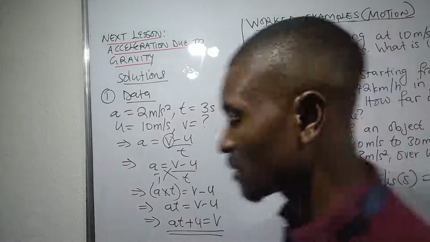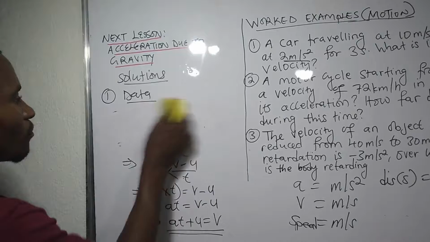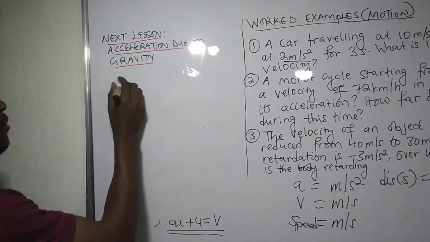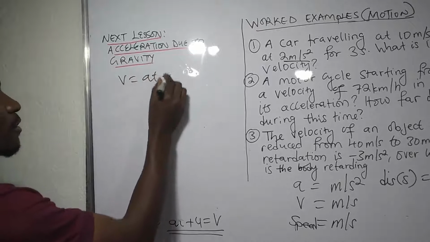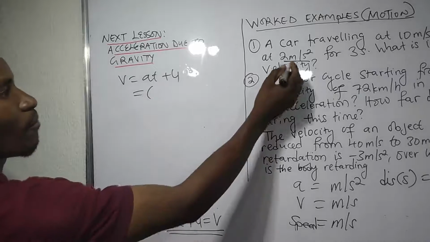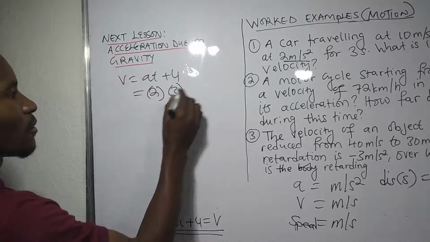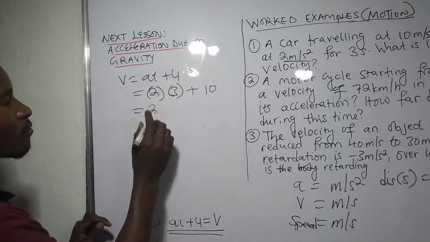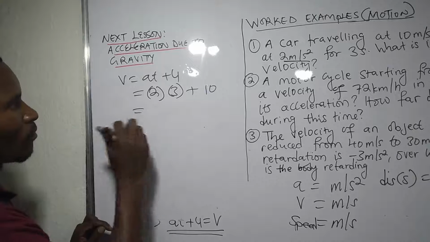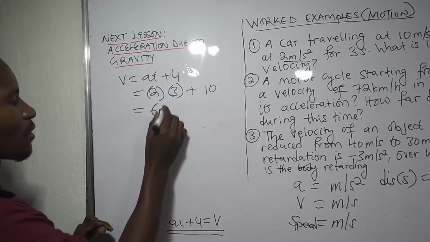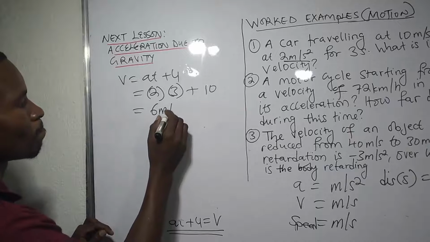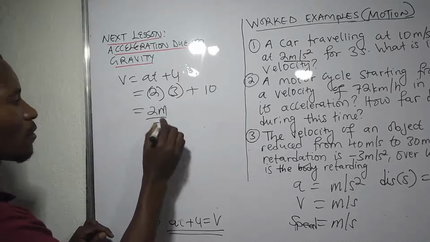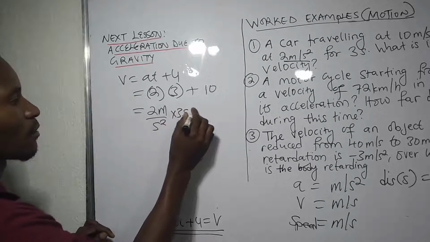Okay, so we know that v equals a times t plus u. So this is 2 meters per second squared times 3 seconds plus the initial velocity of 10 meters per second.